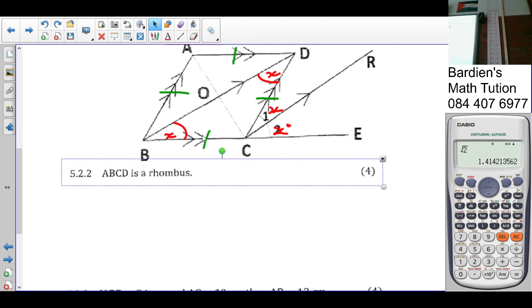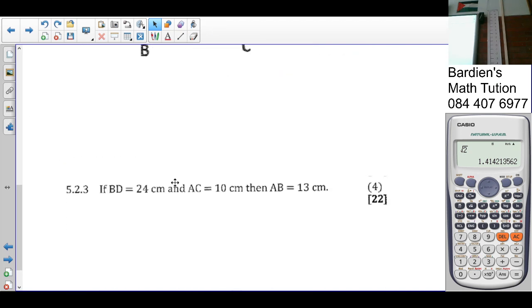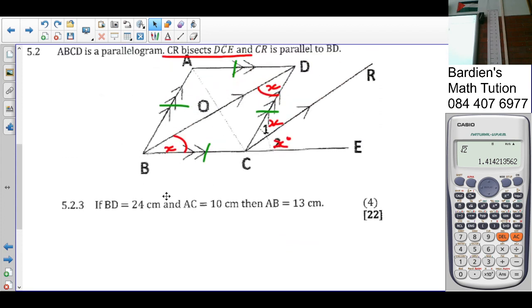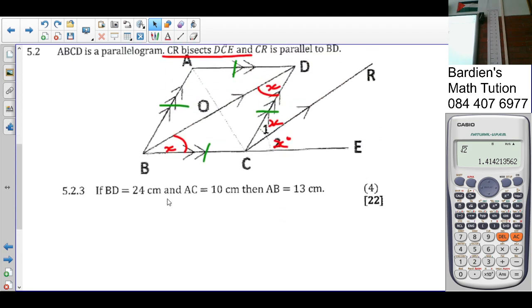Okay, let's look at the last question. In question 5.2.3, let's use a different color, blue.